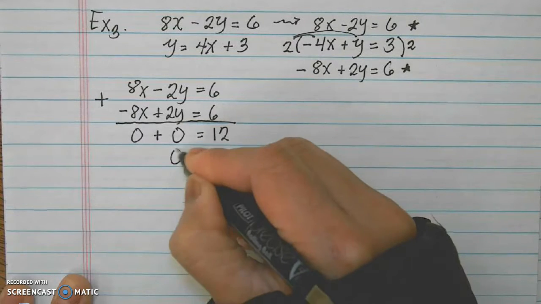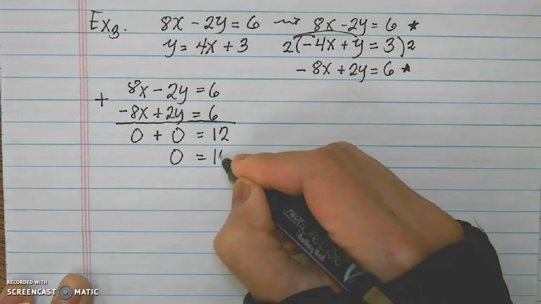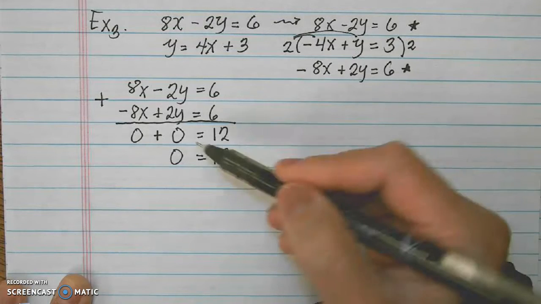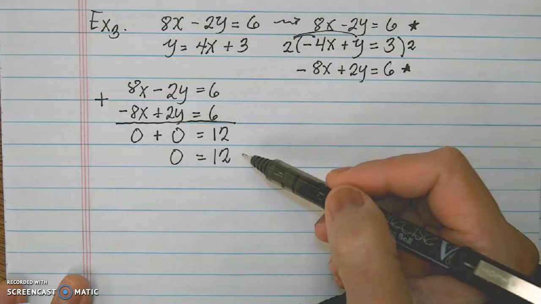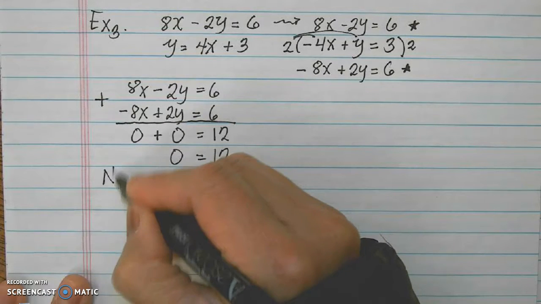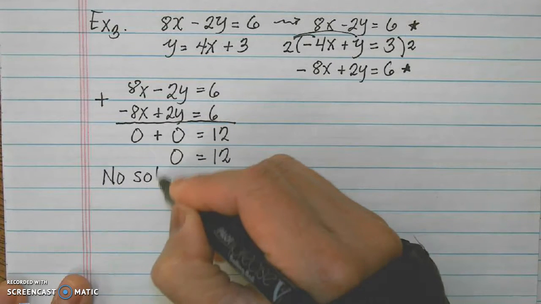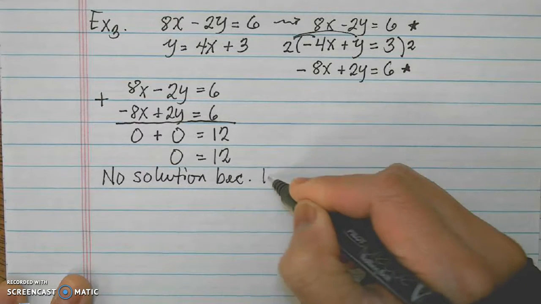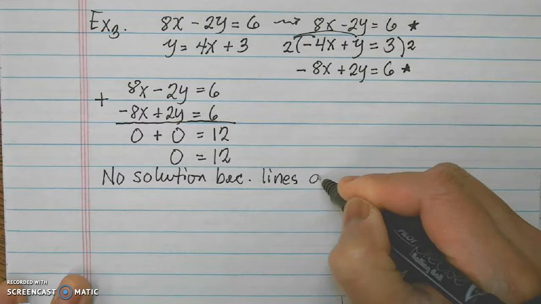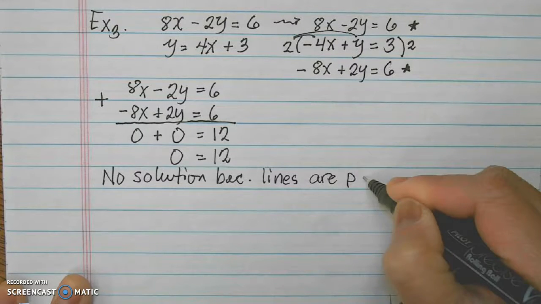So what does this mean? 0 equals 12. Guys, this means that you have two lines that are parallel. When this happens, take note, your answer should be no solution because the lines are parallel.